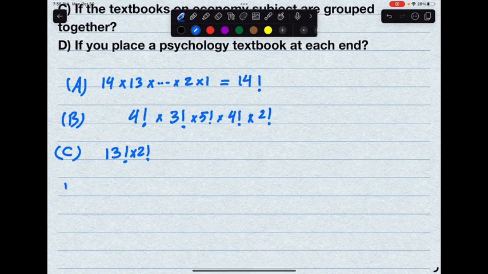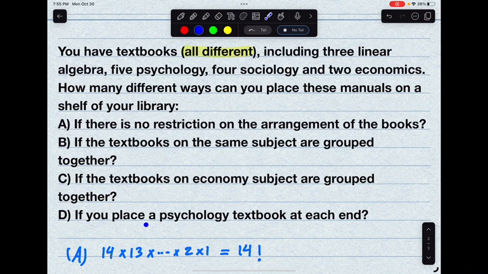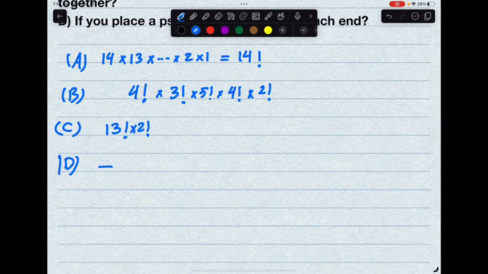So what about part D? For part D, if you place a psychology textbook at each end, okay, so we have 5 psychology books, and in each end, here we have 14 places, place 1 to 14.